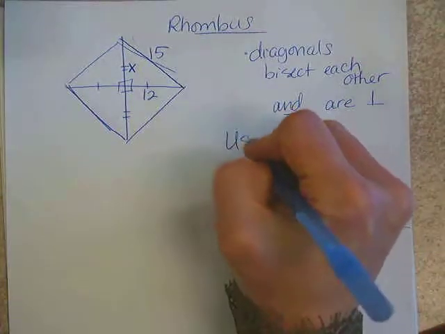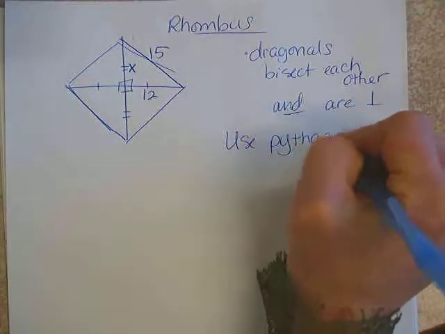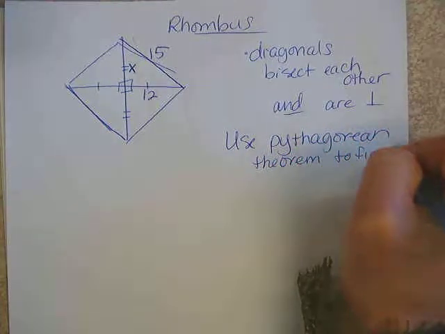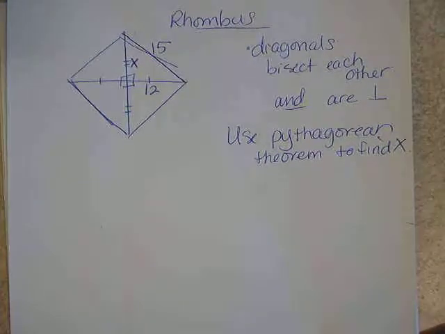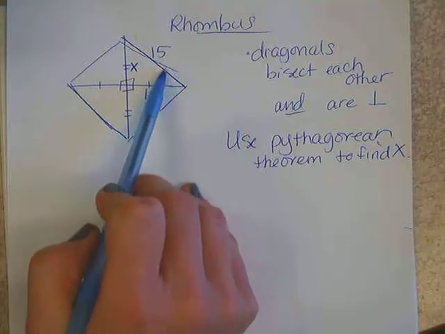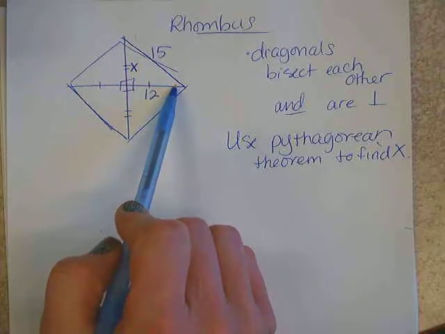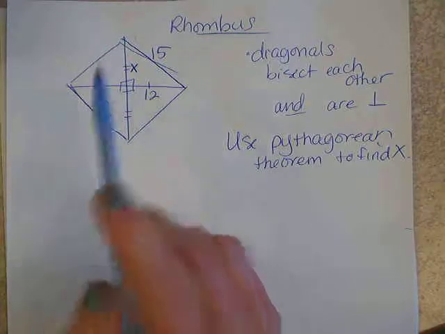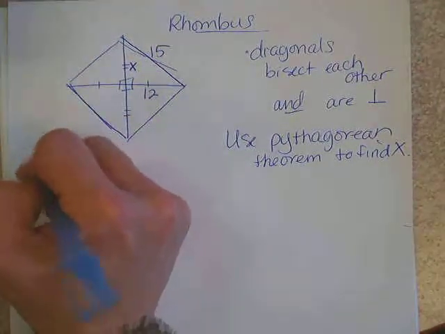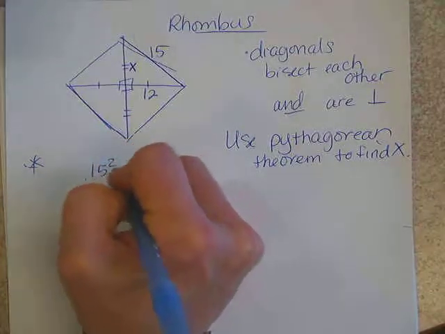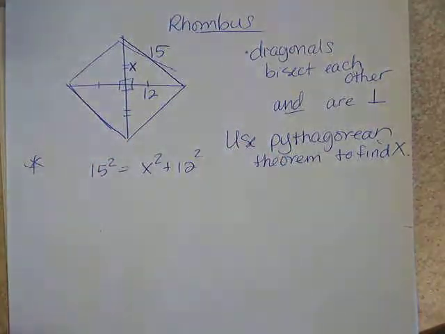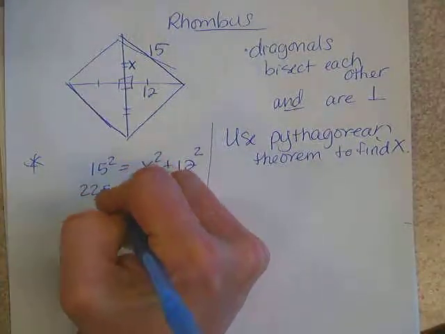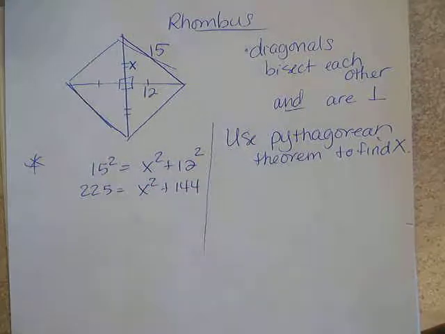Okay, now the problem is, I know this is 12, so I've got that, but I don't know this. We're just going to call this X. One of the tools that you have at your disposal now is the Pythagorean theorem. So we are going to use the Pythagorean theorem to find X. And remember, 15 is a hypotenuse, so that should be by itself in the theorem.